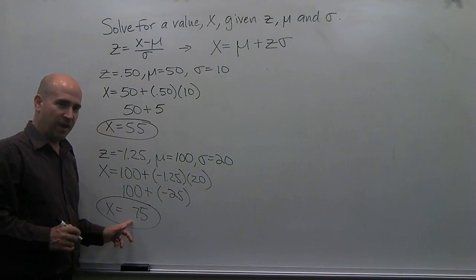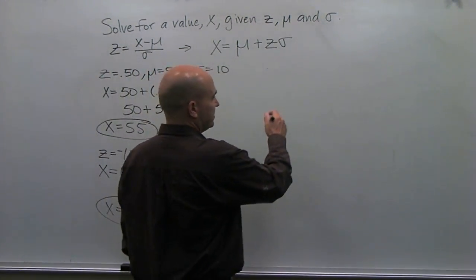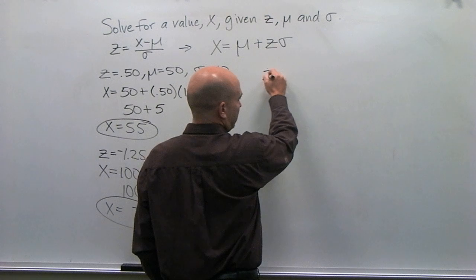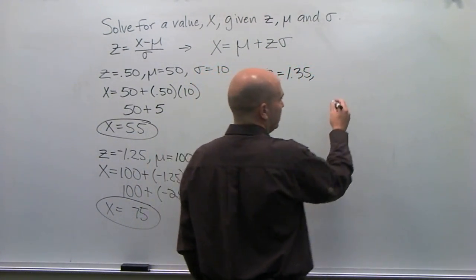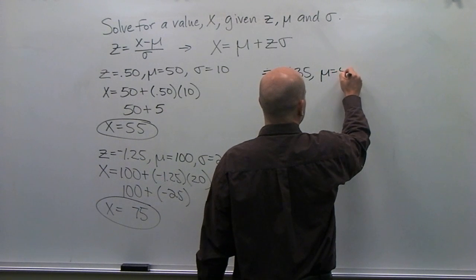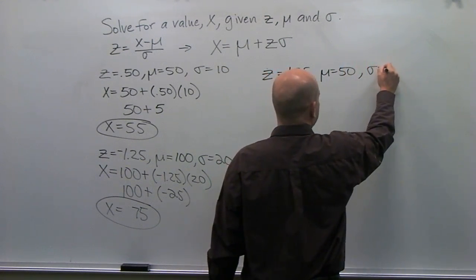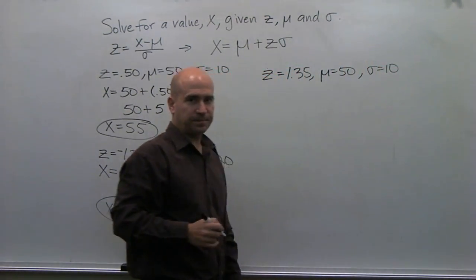So a z of negative 1.25, a mu of 100, and a sigma of 20 gives us an x of 75. For our last example, let's take a z of 1.35, a mean of 50, and a standard deviation of 10.